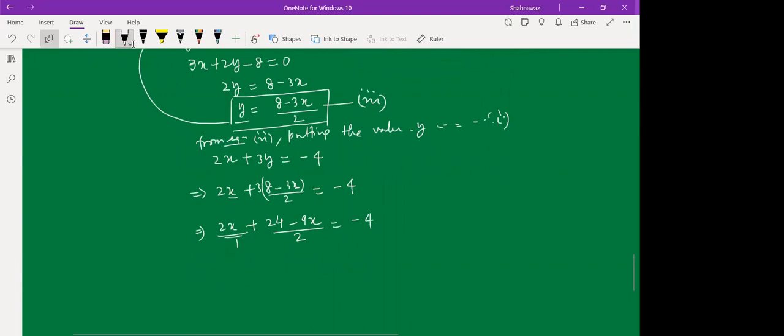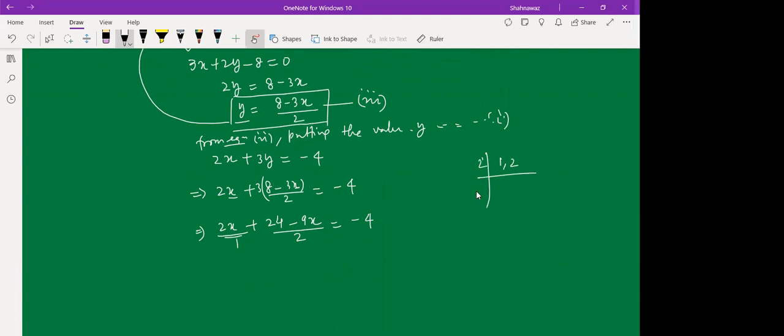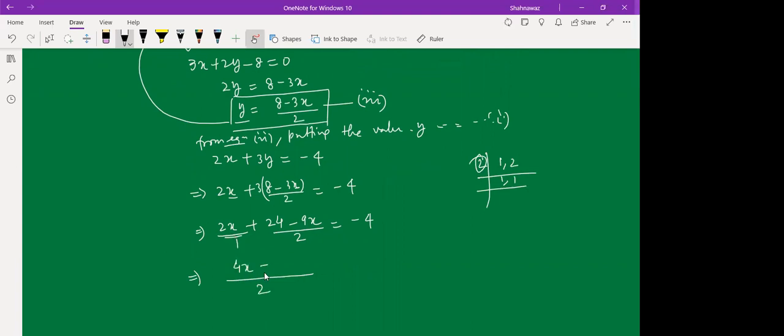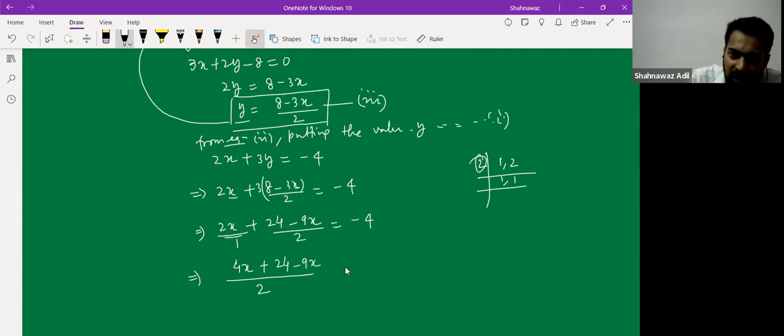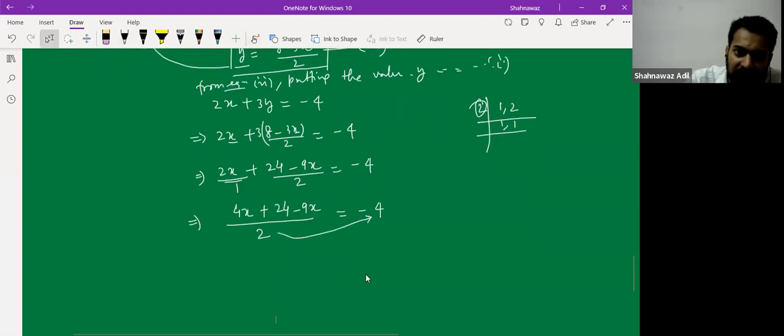It will be 2. So 2 into 2, 4x plus 24 minus 9x equals -4, right? Now this 2 goes here.